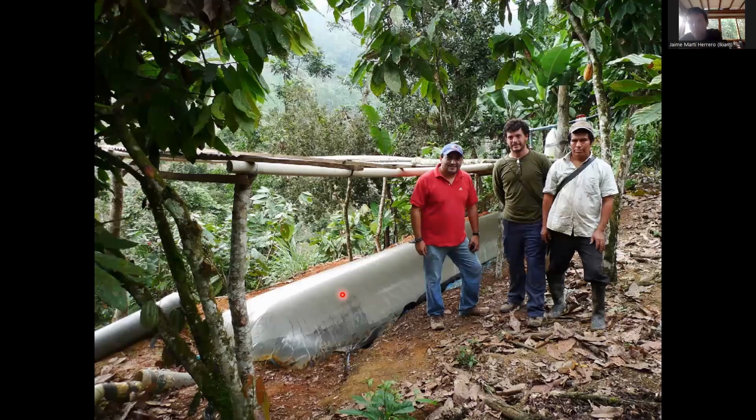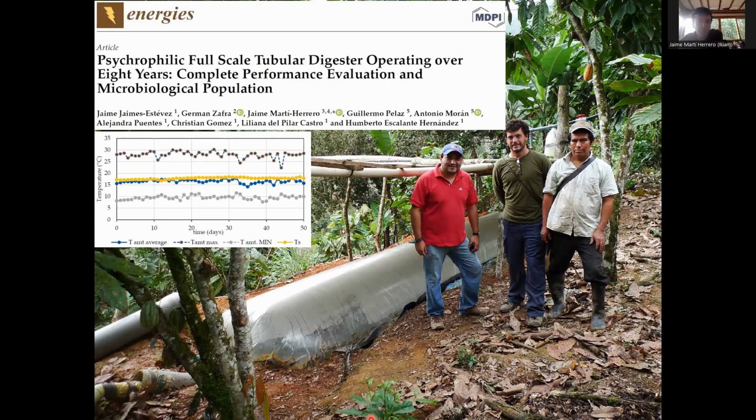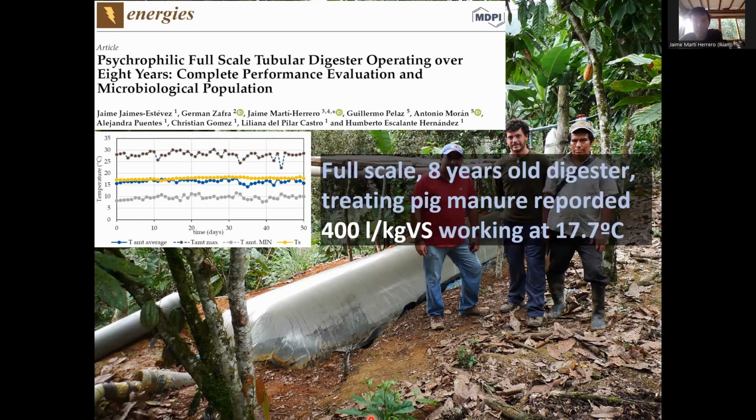But what happens when we go to the field and we measure real digesters working at low temperatures? Here I show you the results from a digester that was 8 years old and was fed with pig manure, and was producing 400 liters per kilogram of volatile solids.